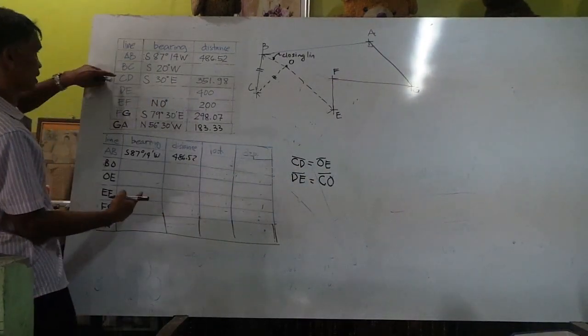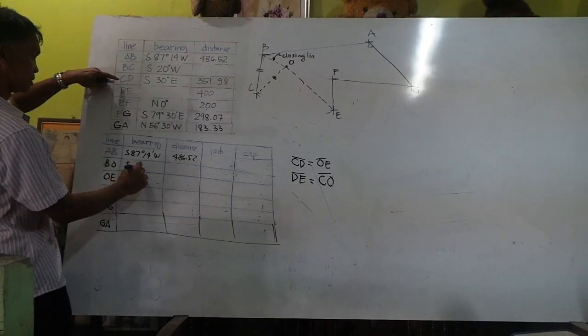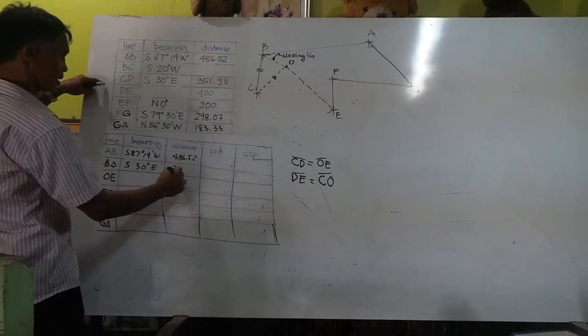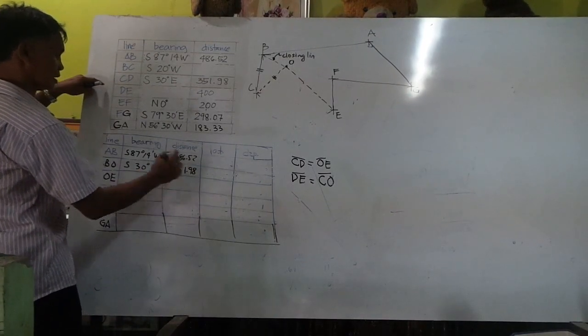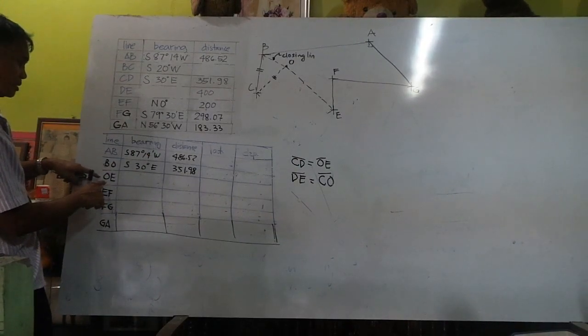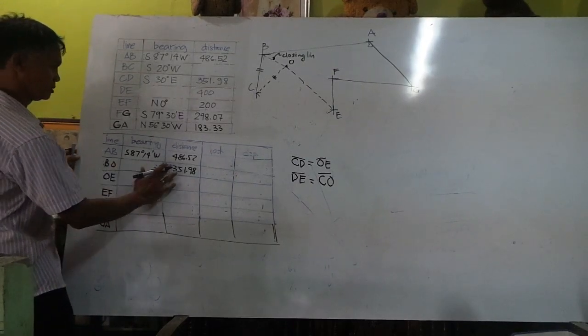So, CD ang atong OA. So you have south 30 degrees east, then you have 351.98.